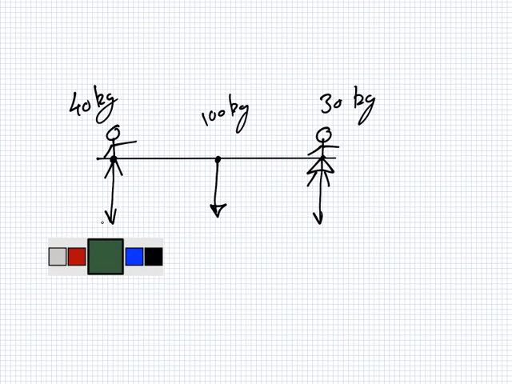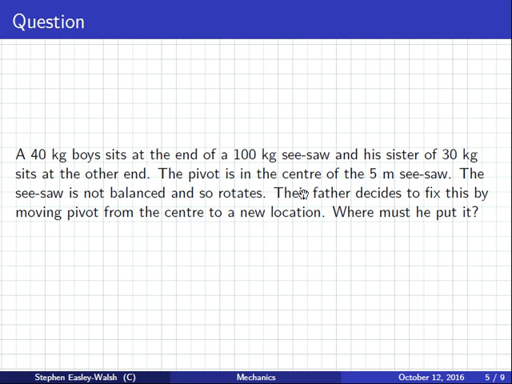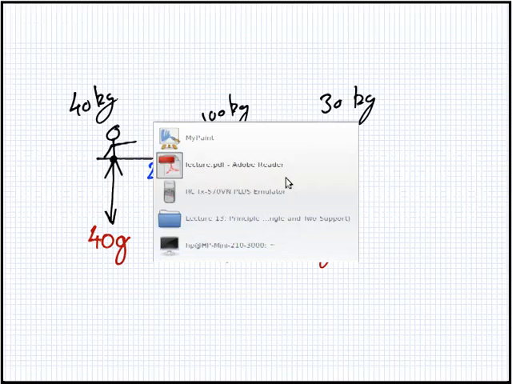So that means this force here, what's the weight here? How would you get it? Oh, you don't have to work it out. Tell me how you would get it. It's mg, yeah, so it would be 40g. And this one would be 100g, 100 times 9.81. And this one is 30 times 9.81. Okay, the pivot is in the center, so we know that this is 2.5 meters, and this is 2.5 meters.